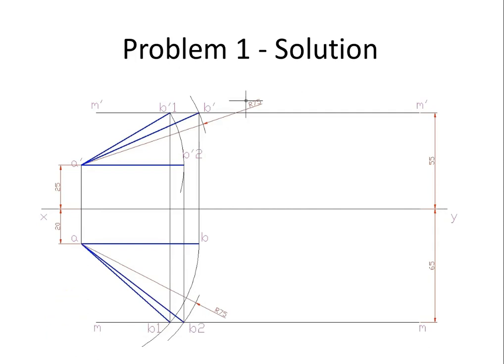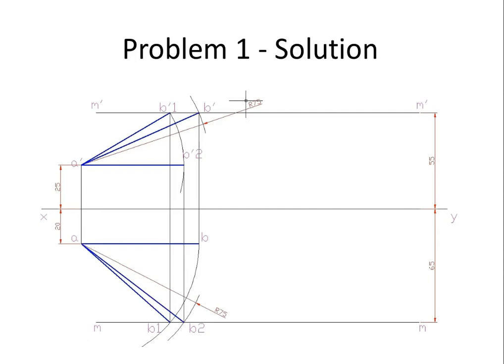To explain this step once again, once you have drawn A dash B1 dash, the next step is we rotate A dash B1 dash with A dash as center and make it parallel to the XY line. What we are trying to do here is the reverse of what we did before. Initially we drew A dash B dash, assuming that the line is parallel to VP and inclined only to HP, and projected it down to get AB, which we know is horizontal. But here we are doing the reverse.